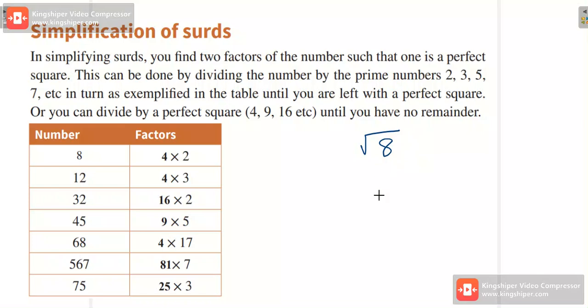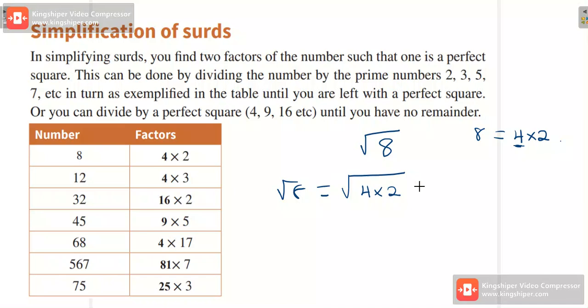Think of it. Yes. 8 is the same as 4 times 2, and we know that this 4 is a perfect square. So we can now write root of 8 as root of 4 times 2.